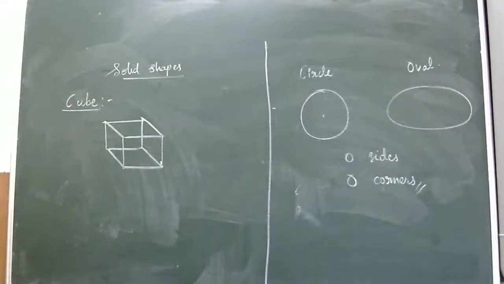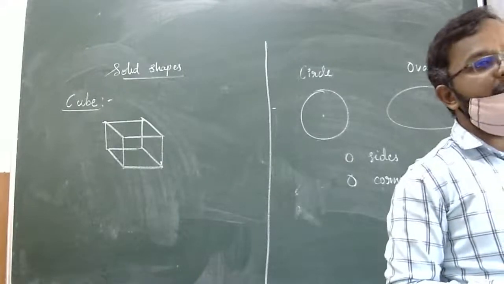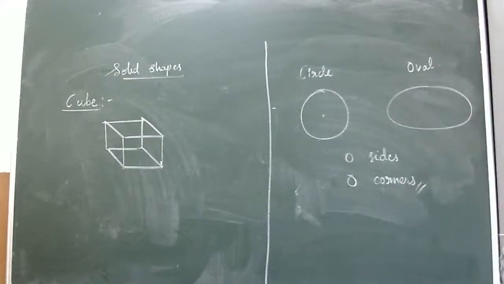So now in cube, what do you have to check here? We have to see three things. In solid shapes, you have to see three things: face, edge, and corner.